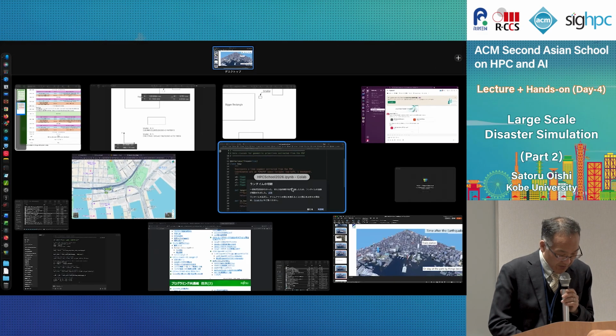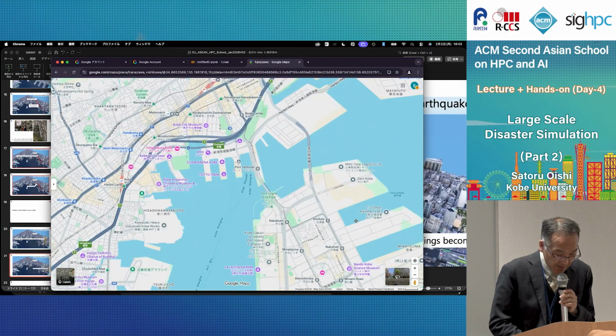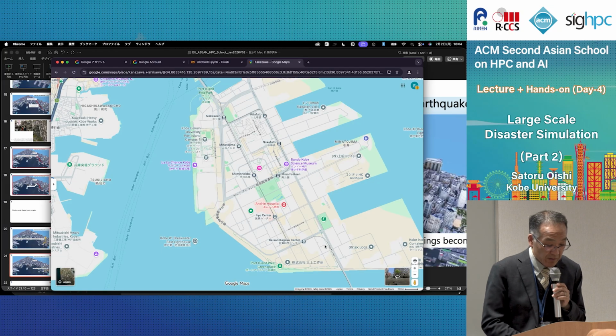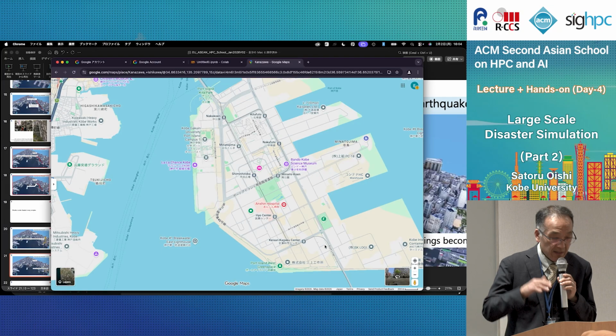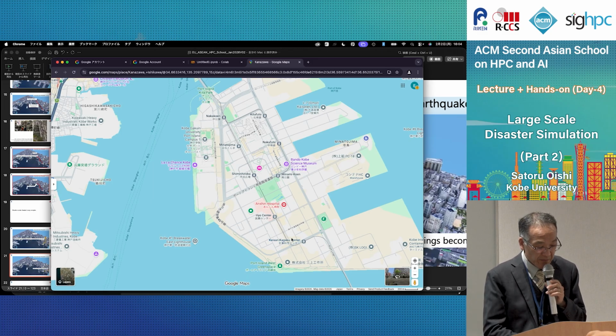For your suggestion, the southern part of Port Island is safer. It is higher in altitude than the northern part. Therefore, staying here is better.